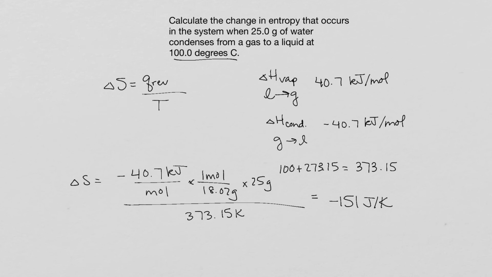So is this what we expect? Well, yes. If we're going from a gas to a liquid, then our entropy is higher in the gaseous phase than in the liquid phase, and we see that our value is negative, which we totally expect for this process.